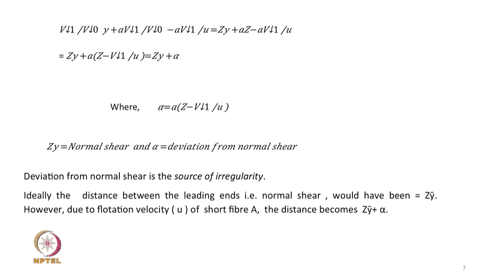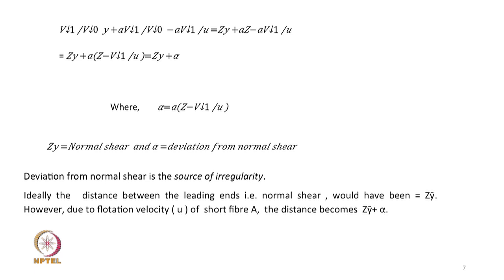It becomes z y bar plus a z minus a into v 1 by u, and if we take z common, that becomes z y bar, and we take a common from these two, it gets a into z minus v 1 by u, which we can write as z y bar plus alpha. We represent alpha to be z minus v 1 by u.